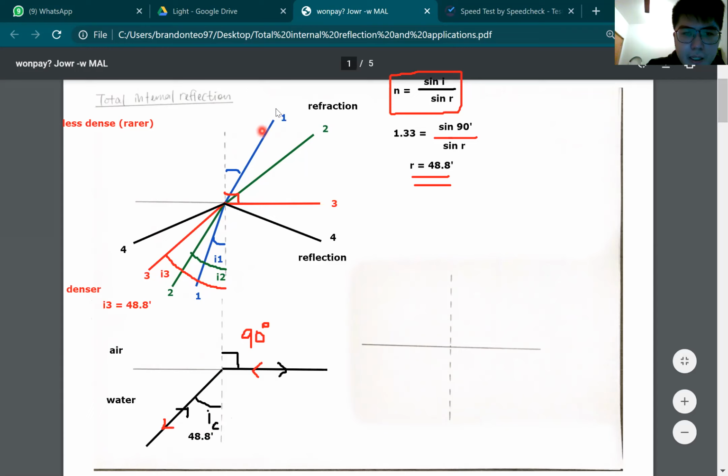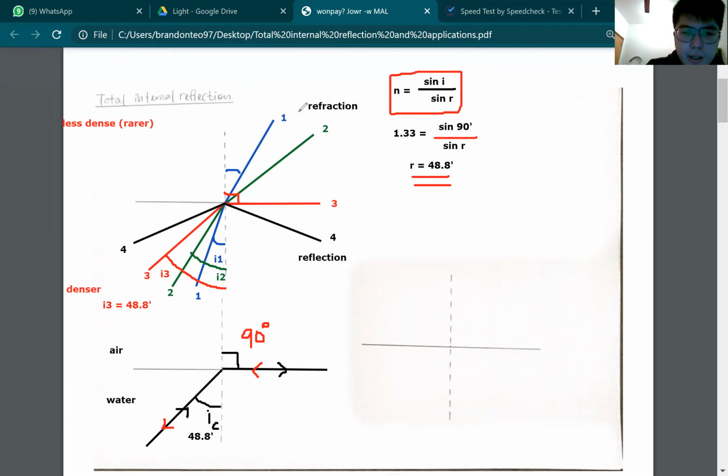Its light will come out on the other side, right? Here one, two, it will keep going like this. Let me draw an arrow so that you can see it. When I increase from ray number one to two and all the way to number three, it goes like this, slowly approaching the horizontal axis. When my incident ray equals I3, it is at three, and I3 is 48.8, right?